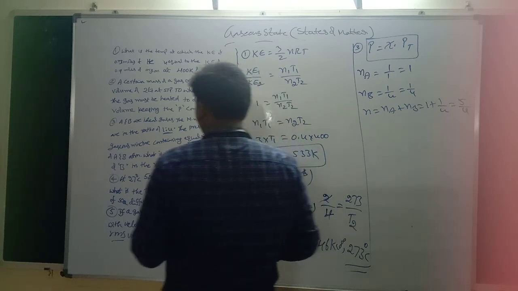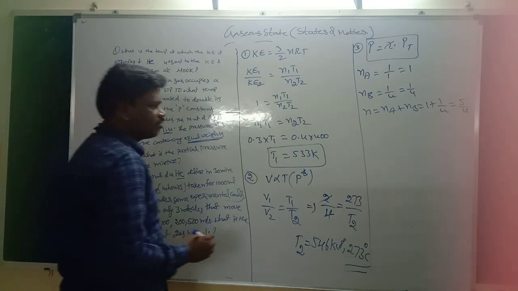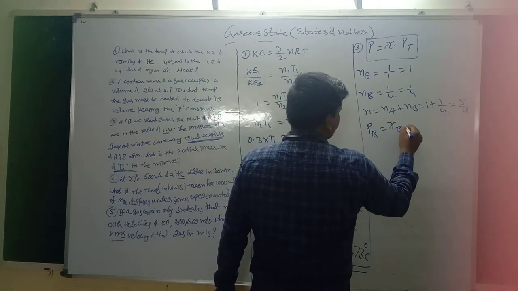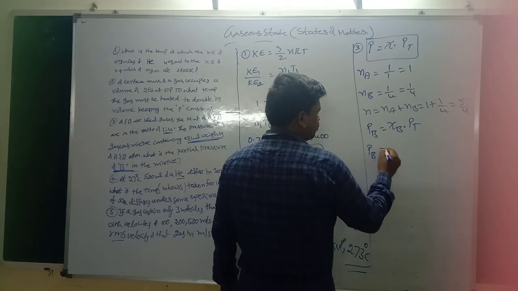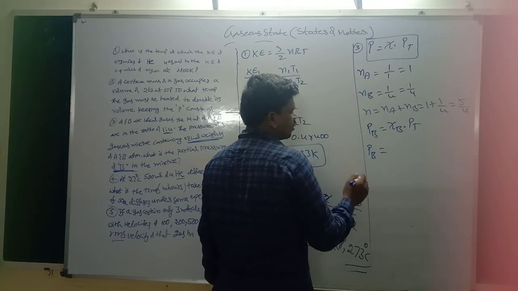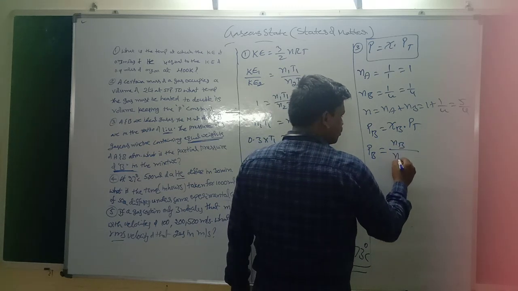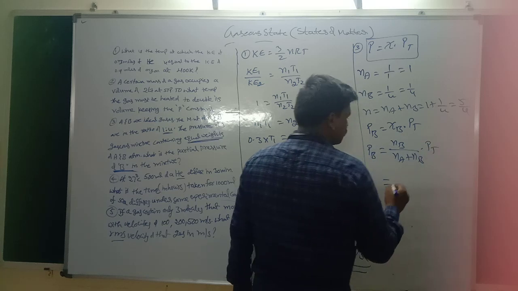Then the partial pressure of B in the mixture. Partial pressure of B is equal to mole fraction of B into total pressure. Mole fraction of B is number of moles of B by total number of moles, and total pressure.